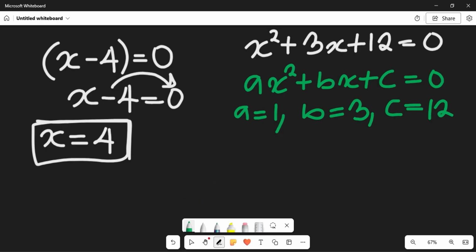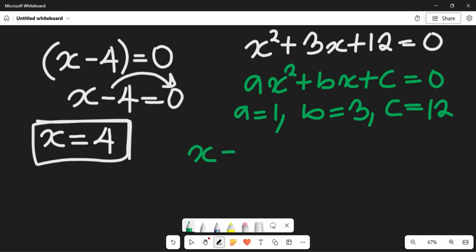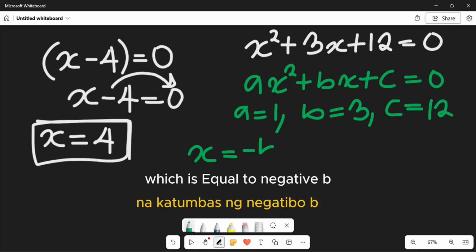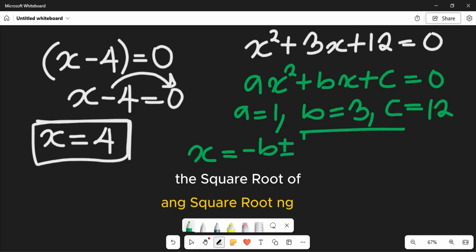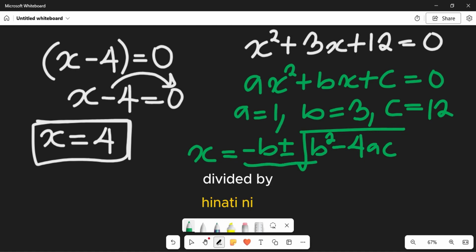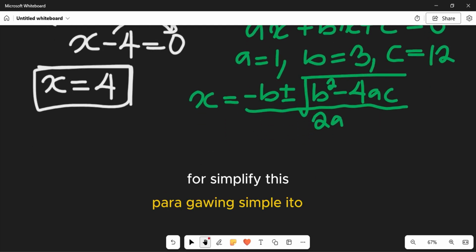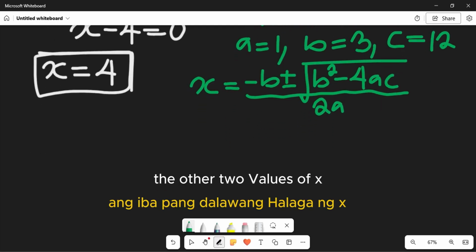So with that, we can use the quadratic formula to find the value of x, which is equal to negative b plus or minus the square root of b squared minus 4ac, divided by 2a. Now, if we simplify this, we're going to have the other two values of x.